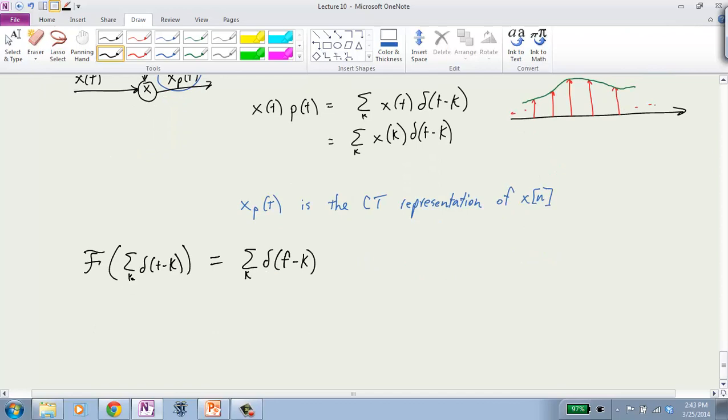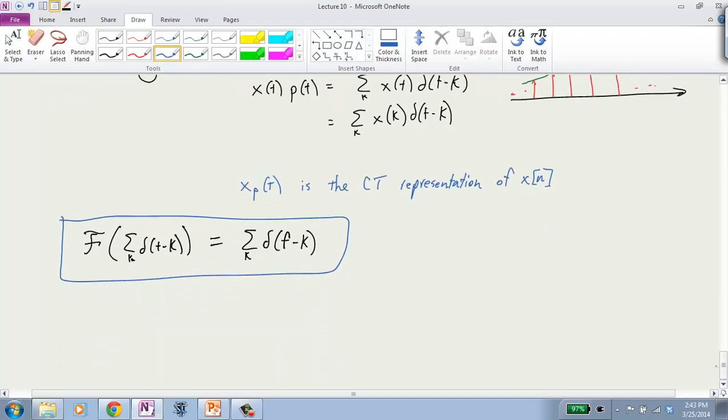Okay, so this is key to our understanding of sampling. This is very important to know: the Fourier transform of this sequence of delta functions is the same thing. So what does that mean? Let's say in the frequency domain now we have something.